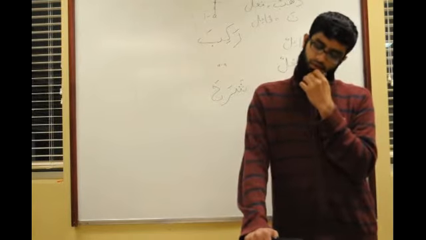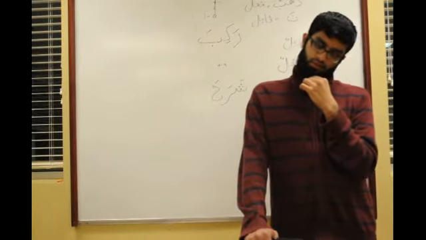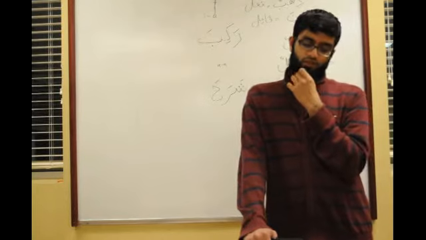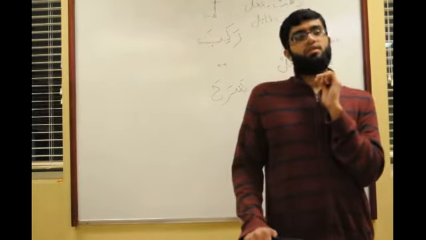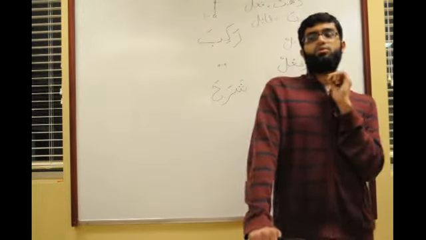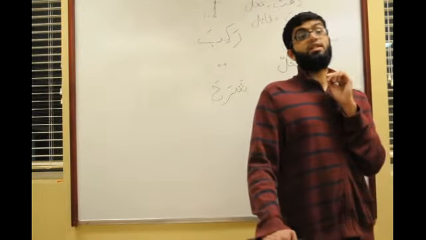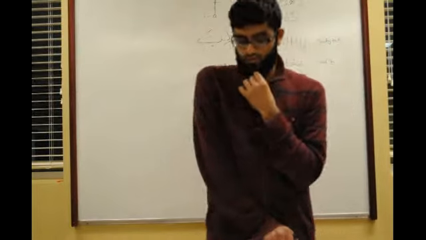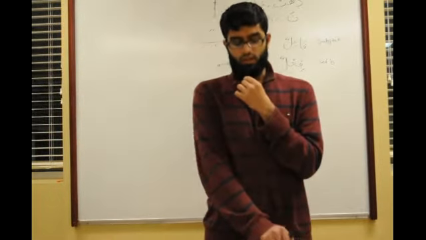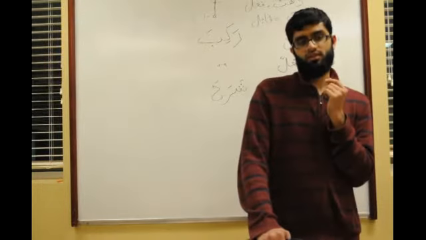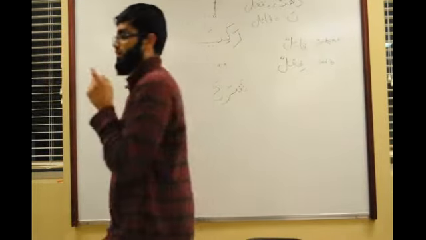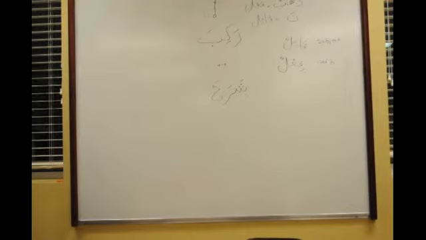If you say fa'il, you're wrong, because ta is the alamatu ta'neeth, female sign. And what is the fa'il if I say ghasala? Hidden. Mustatir. And what does ghasalat mean? She washed.